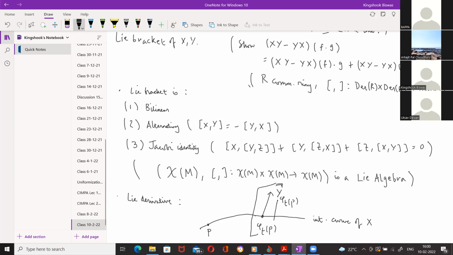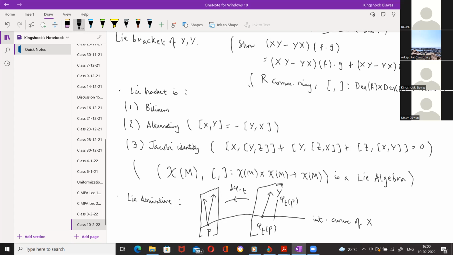Now I have the tangent space at P, and phi minus t maps phi t of P back to P. So the derivative d phi minus t will map this tangent vector back to some tangent vector here. And then here I also have the vector Y at P.